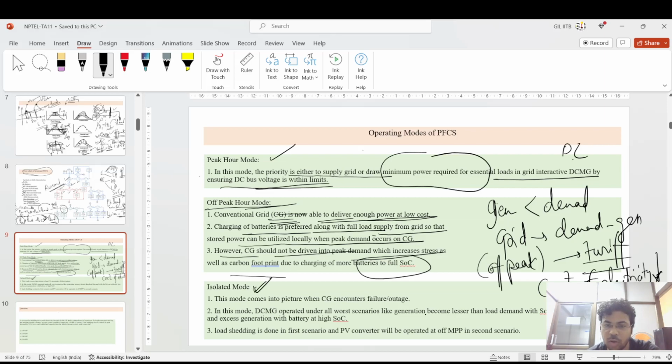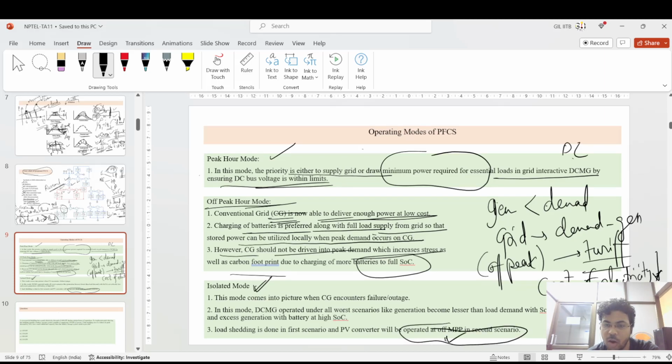Suppose there is the isolated mode, what I have told you, that it should not operate in the MPPT, so it is operating at an off MPP situation. And the second thing is that the DC microgrid is operating under the worst situation, like the generation becomes lesser than the load or the SOC of the battery is very critical. In that situation, it should be in the idle situation.